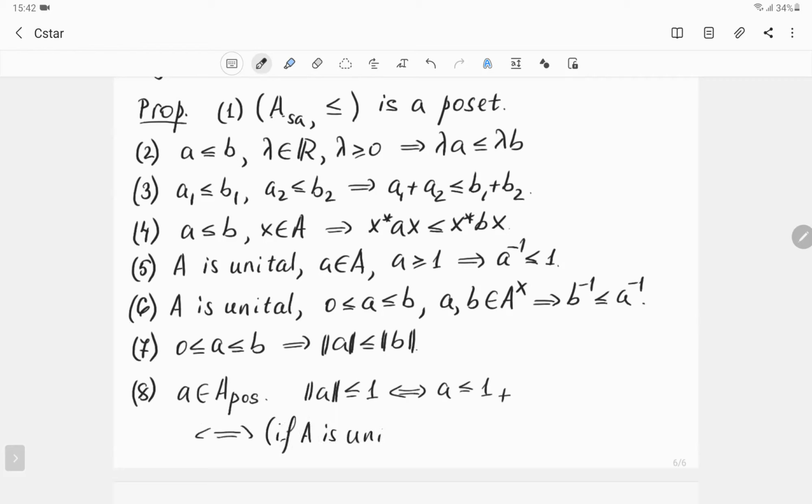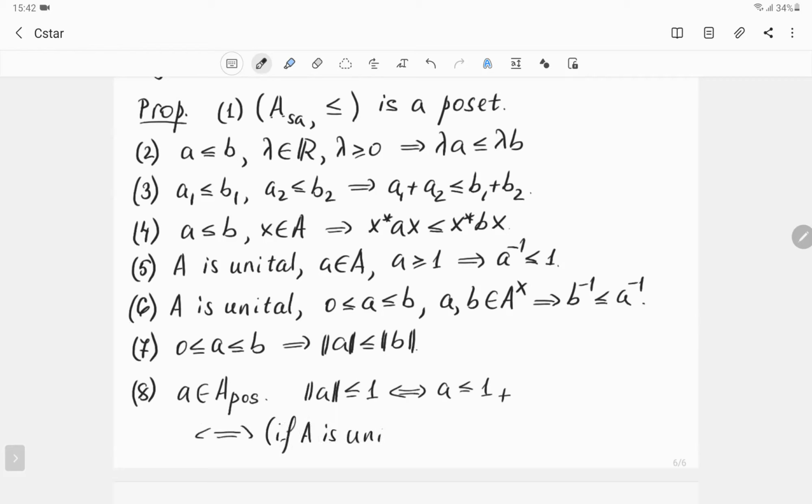Okay, now part 4. We take our element b minus a, which is positive by assumption, and write it in the form c star c for some c in A. Actually, for c, we can take the square root of b minus a.